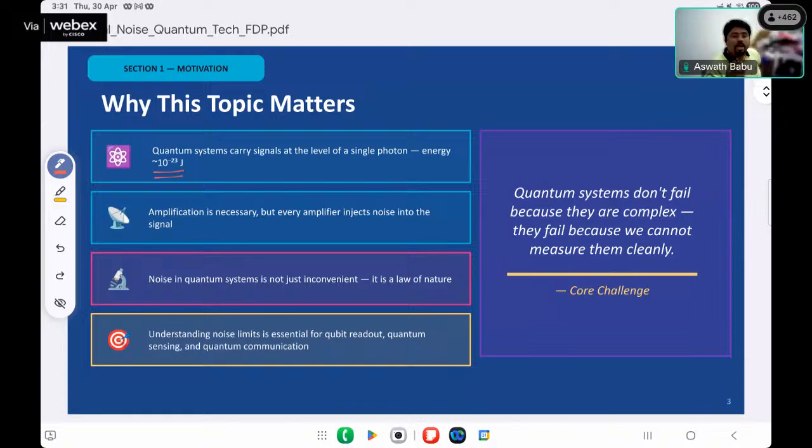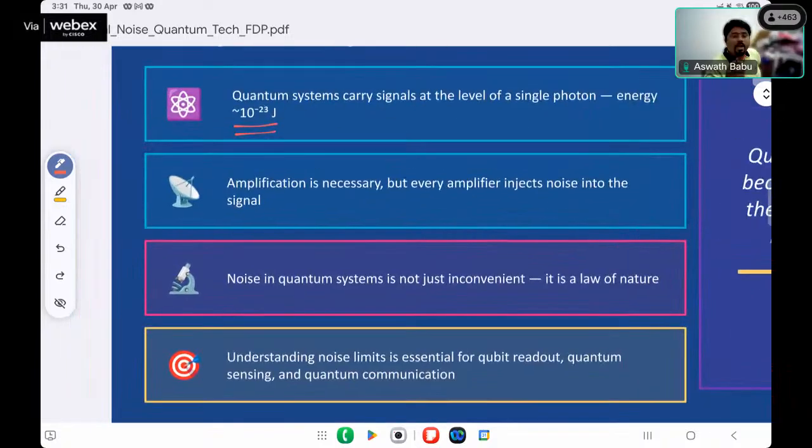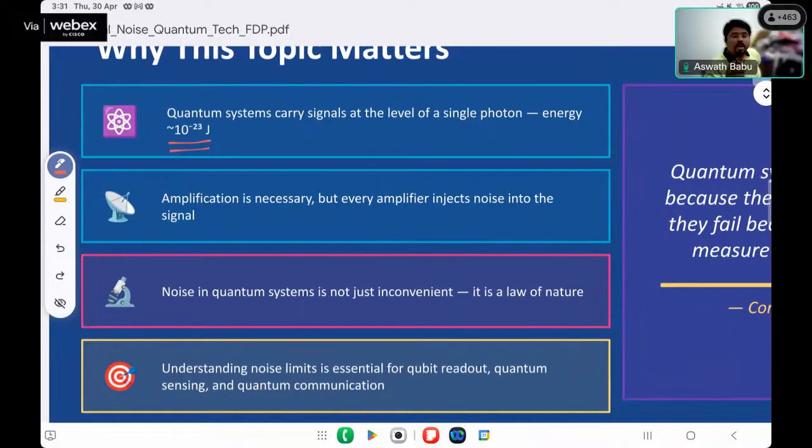Even when quantum information is realized using materials like electron spin, their energy range is about 10 to the power of minus 23 joules. If the energy is so small, the energy emitted from such a system is also that small, and the information coming out is also that small.